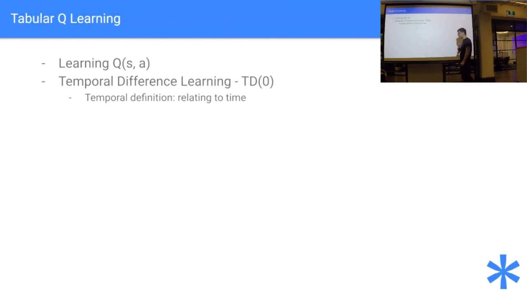Tabular Q is also a form of temporal difference learning, and the word temporal means time related. More specifically, it's temporal difference zero, or TD0 learning.